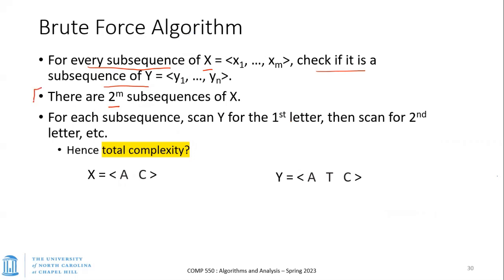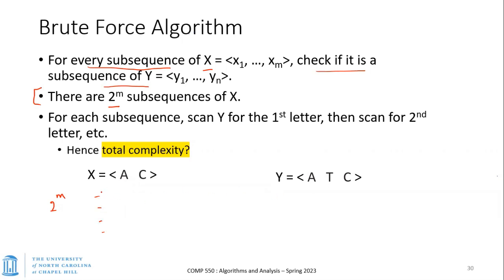So initially there are 2 to the power M subsequences of X. And for every one of those, we are going to compare that to Y. So what's going to be the total complexity now? Just clearly 2 to the power M. Okay, so you've got 2 to the power M solutions over here. 1, 2, 3, 4 at least.